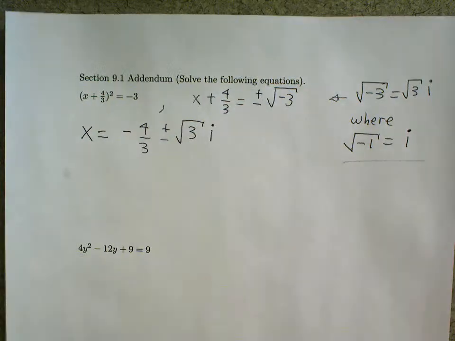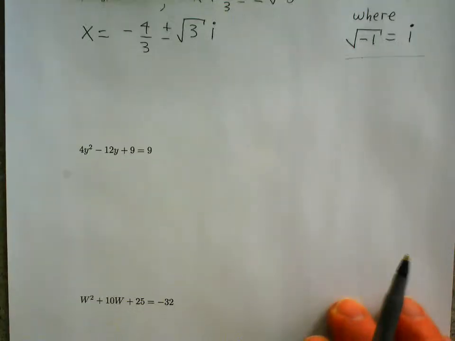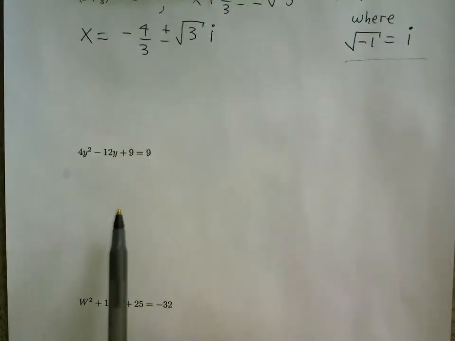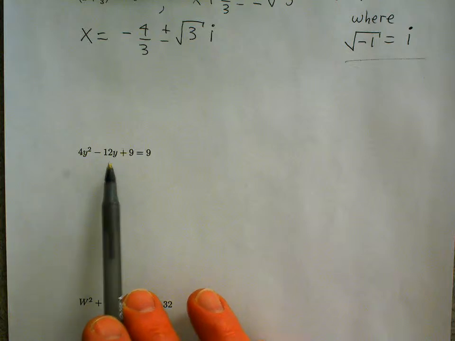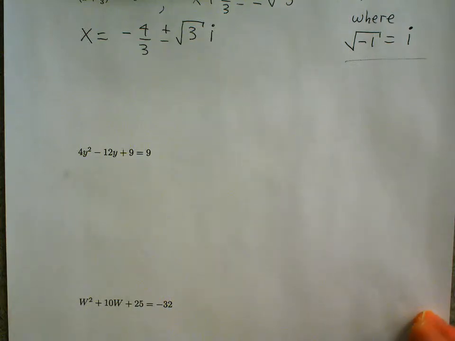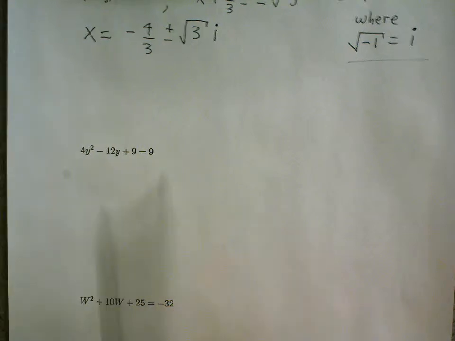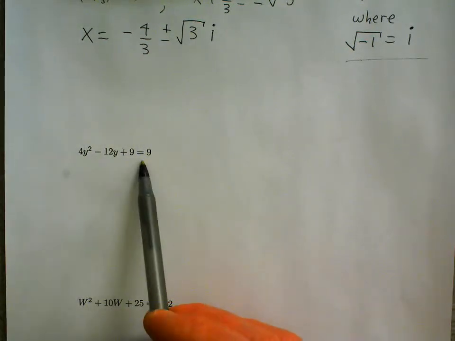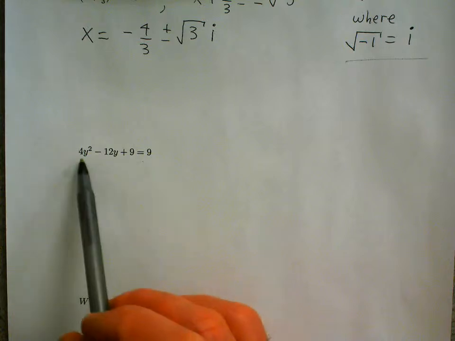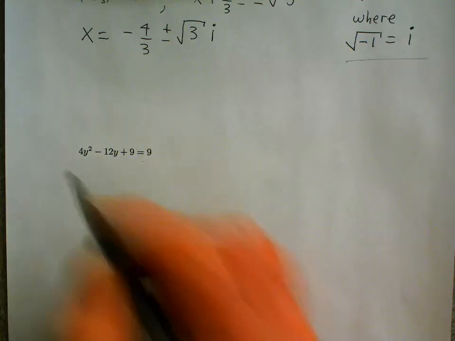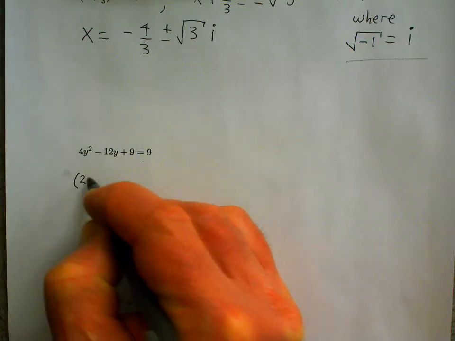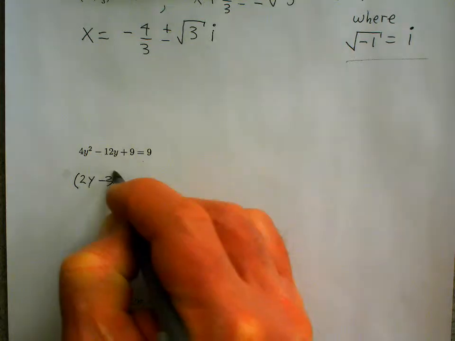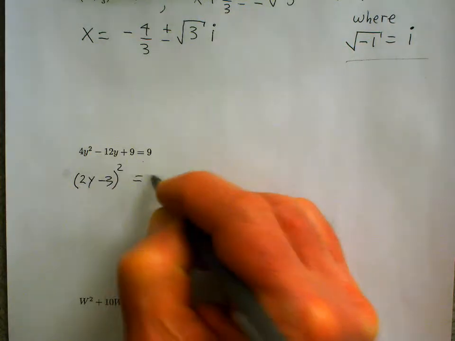Okay, the next problem. There are 2 ways that we can go about solving this equation. Well, there's more than 2 ways, but 2 ways that we know of. Notice that the left-hand side is a perfect square trinomial. So if we factor the left-hand side, we get 2y minus 3 quantity squared equals 9.